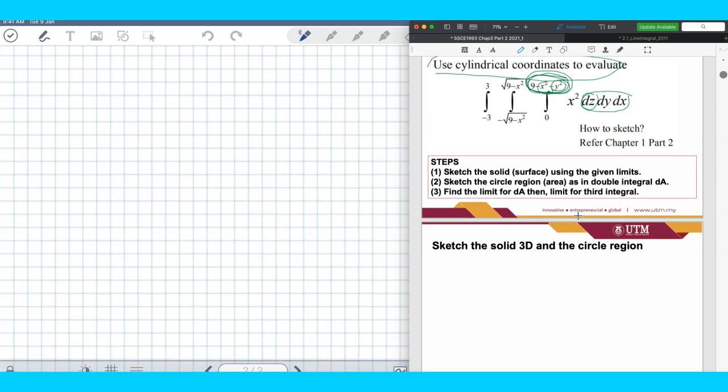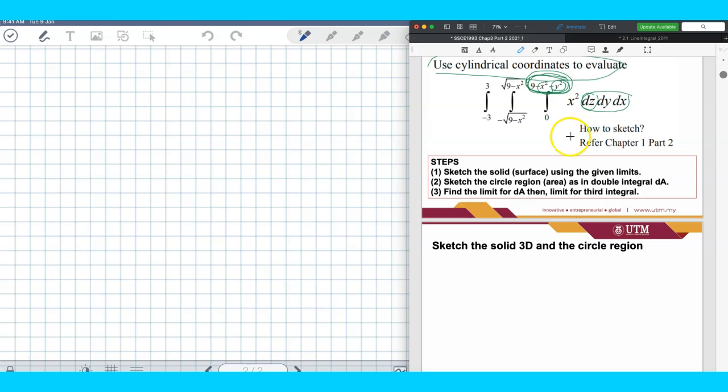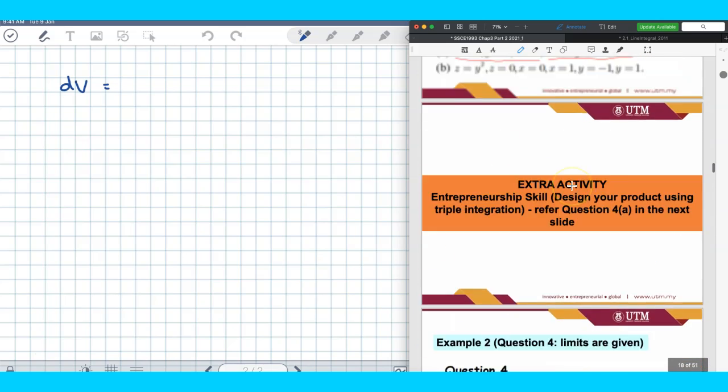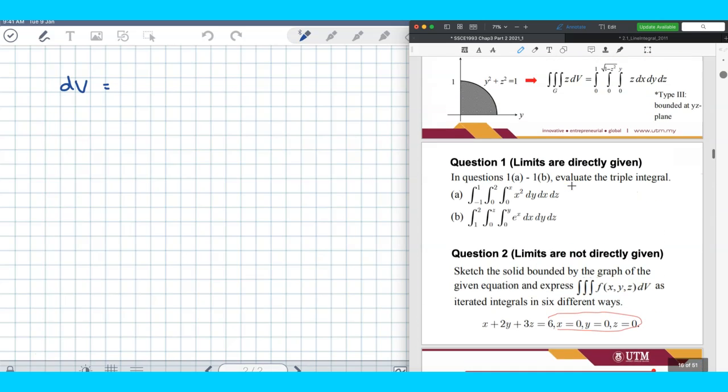To answer that, first we need to know the limits of r, theta, and z. Firstly, look at your order of integration. I already showed you an example of how you can get a solid from the limits.